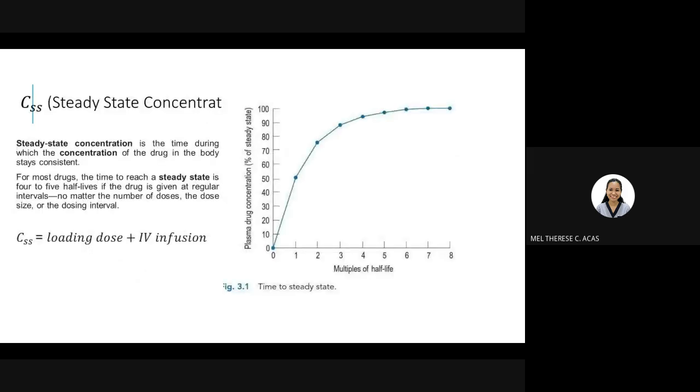So the next one is the steady state concentration. This Css, or the steady state concentration, is the time during which the concentration of the drug in the body stays consistent.